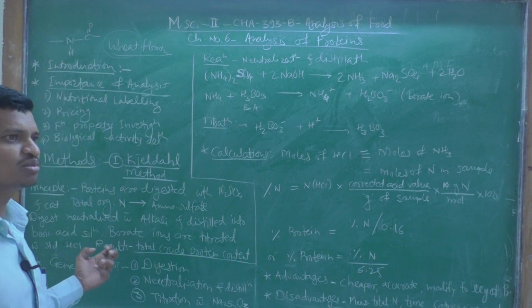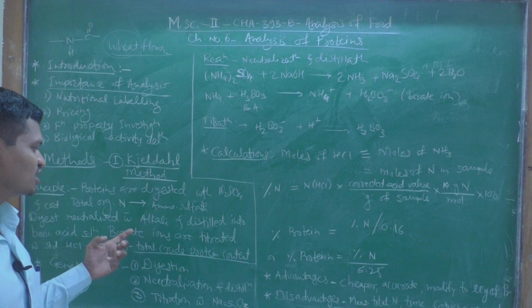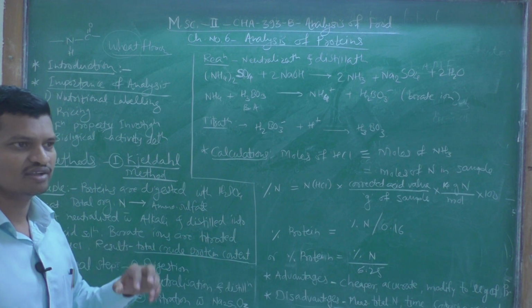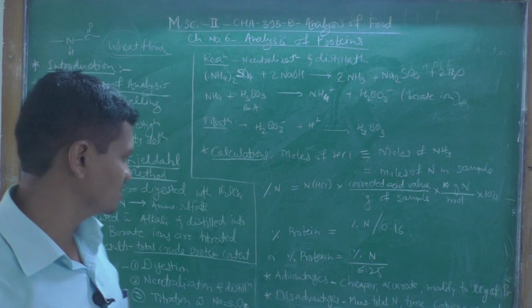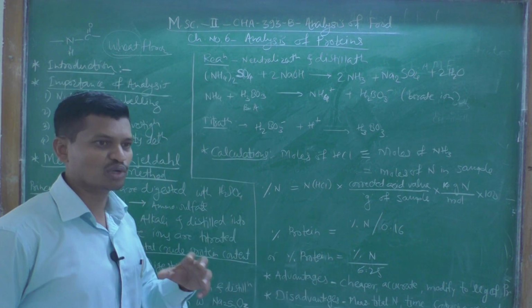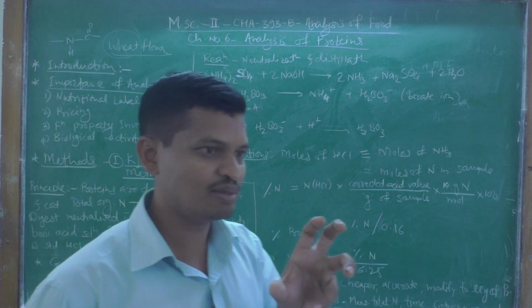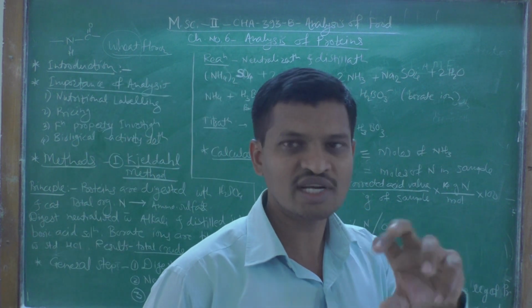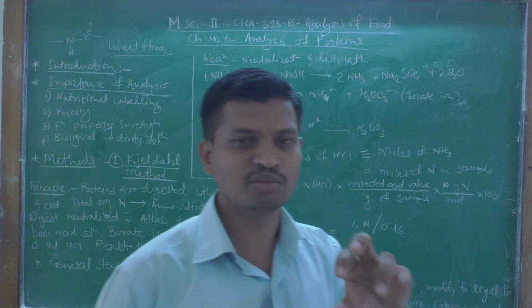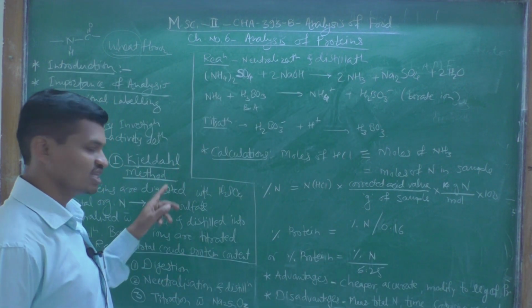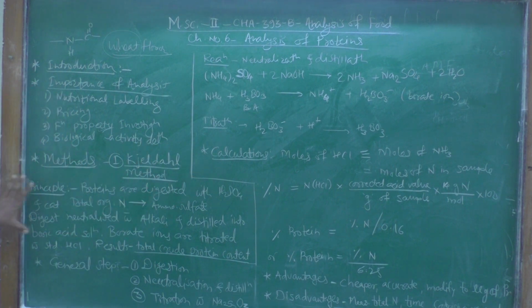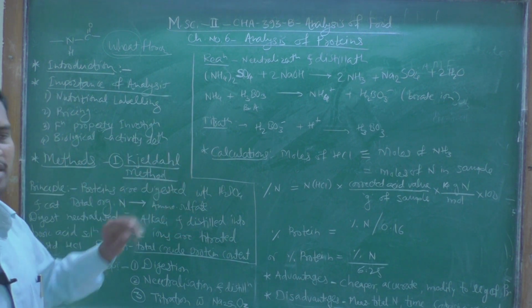So what is the result of this Kjeldahl method? The result is that the total crude protein content of the food sample is determined. Total crude protein is the general total protein content of that food material, determined by using this Kjeldahl method. So this is the very simple principle of the Kjeldahl method.